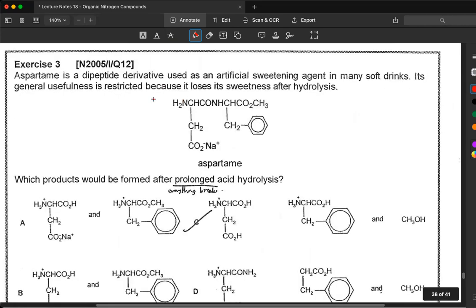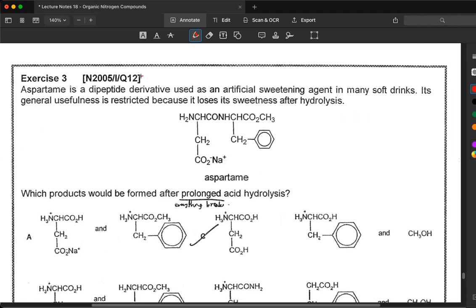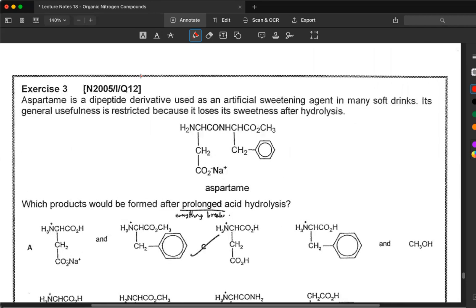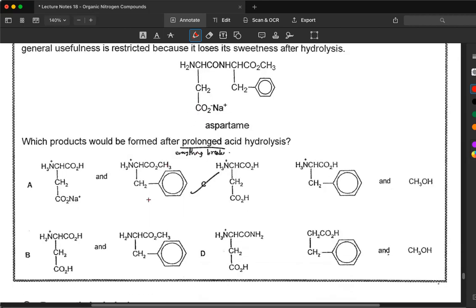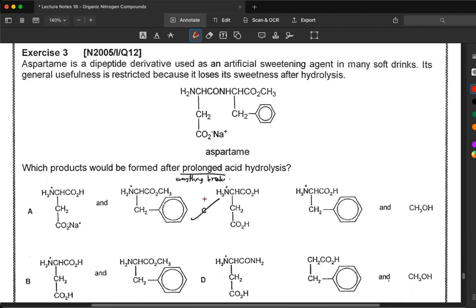Okay, another exercise. Aspartame is a dipeptide derivative used in artificial sweetening agents. Its general usefulness is restricted because it loses sweetness after hydrolysis. What products will be formed after prolonged acid hydrolysis? If you allow it to break down, prolonged means everything breaks.